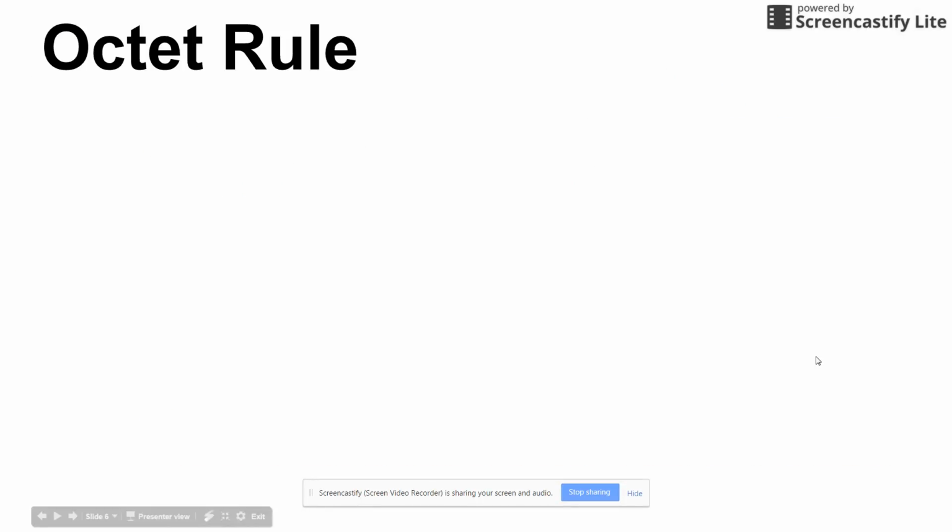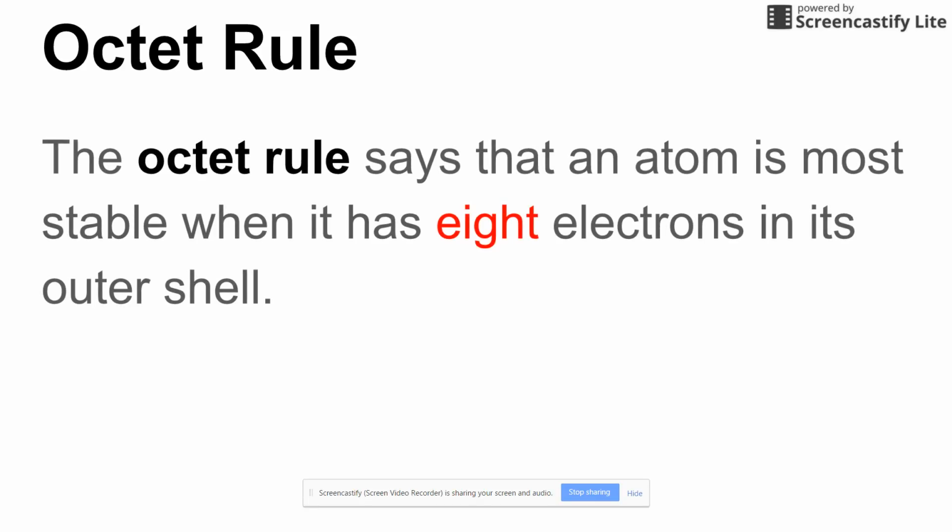In order to predict what type of ionic bond and ionic compound arise from transfers of electrons, you need to know about the octet rule. The octet rule says that an atom is the most stable when it has 8 electrons in its valence shell.